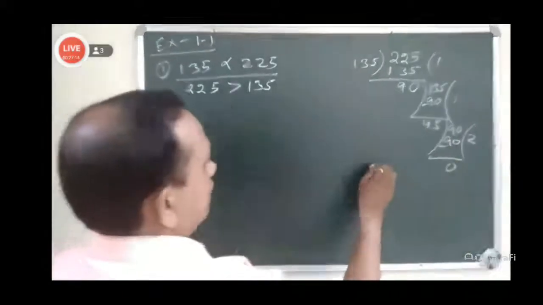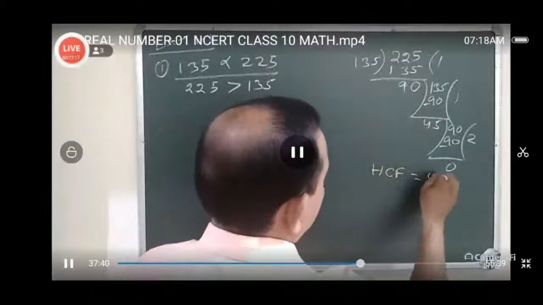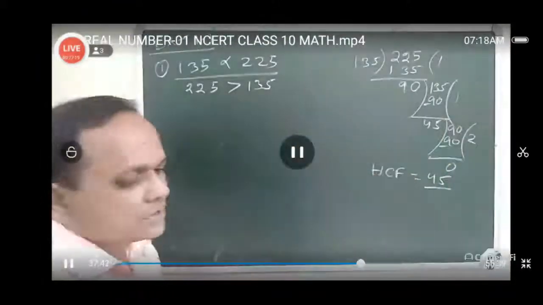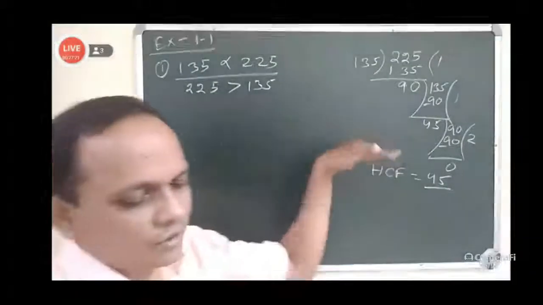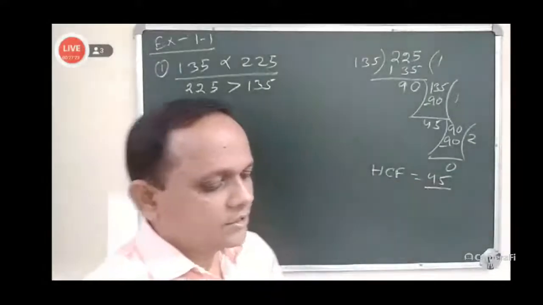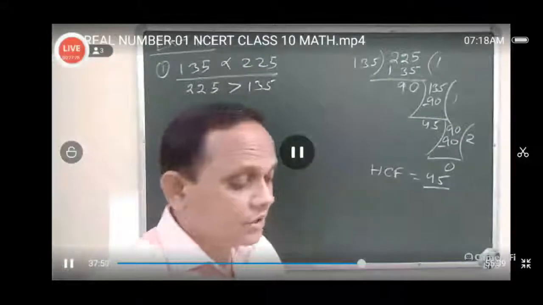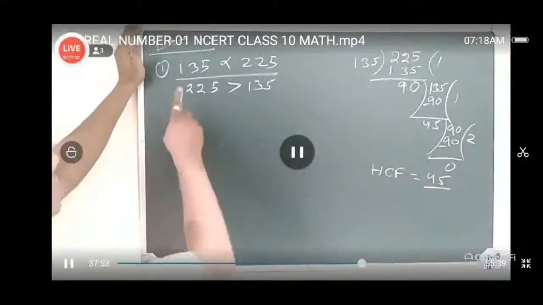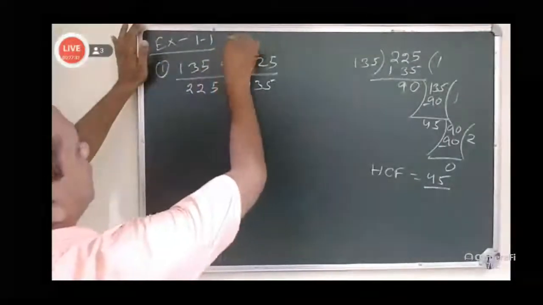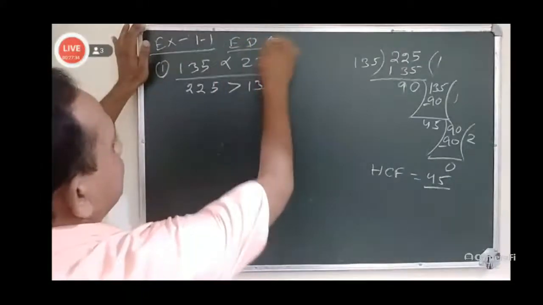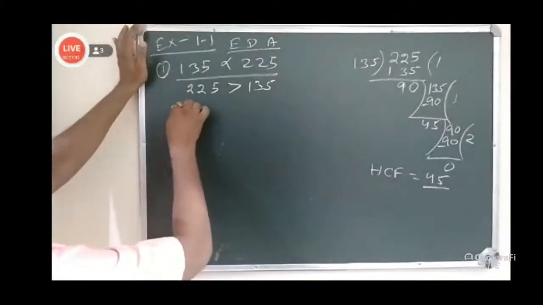Then HCF equals 45. This is the algorithm, this is the natural process. Naturally you can do this. The HCF will be 45.